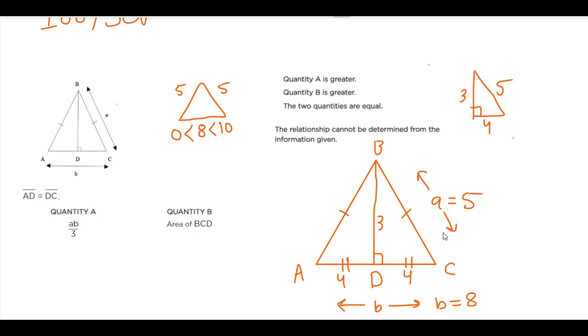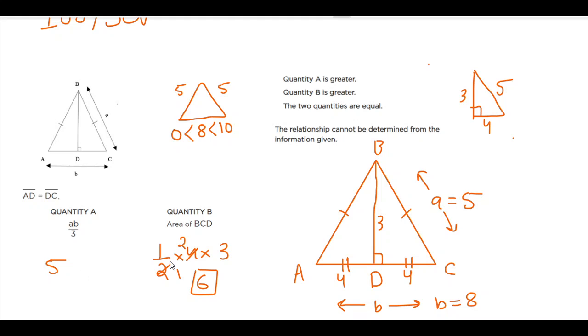Okay. So now that I have everything ready, what's going to be the area of BCD? The area of BCD is going to be half. What's the base? 4. What's the height? 3. So this is going to be 2, 3 twos are 6. And what is A? A is 5. What is B?